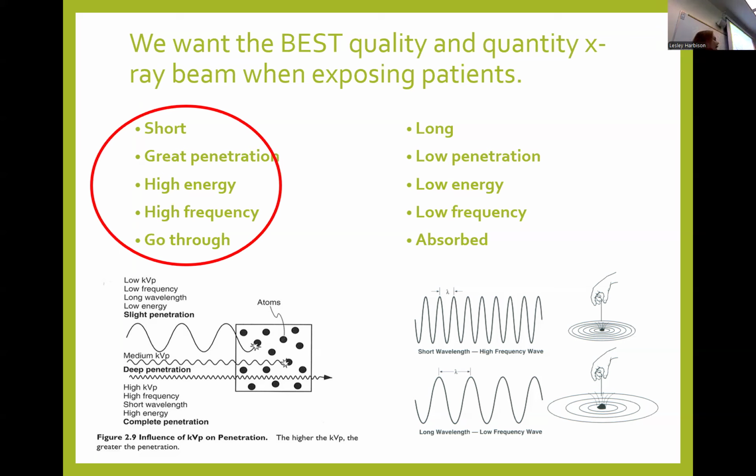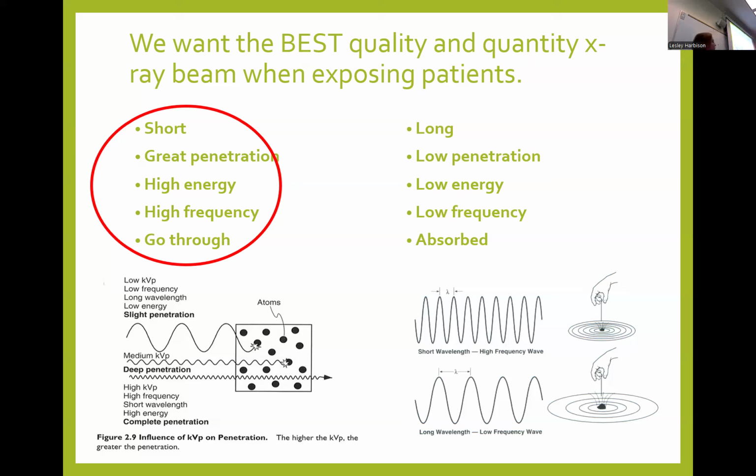And so that's why we have to find that ideal kVp, which is already done for you. But knowing that it is going to affect the energy of the X-ray photon is really important. So in general, what we're looking for are short wavelengths because they penetrate better, they have higher energy and a higher frequency, and they go through things.